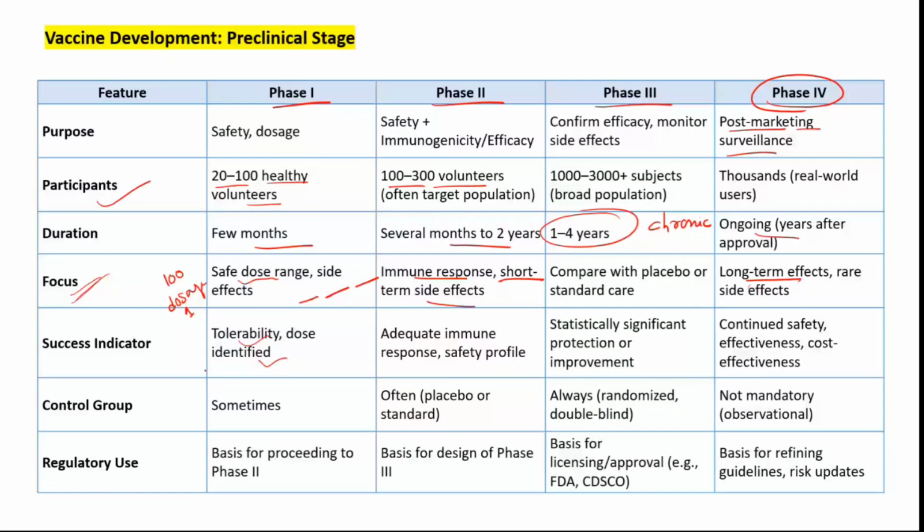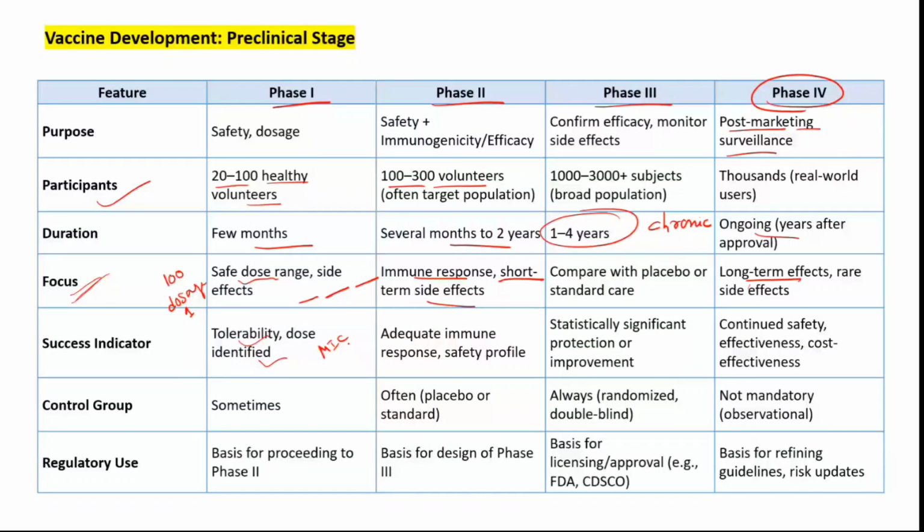So they decide the dose, that this dose can be given to the patient up to this tolerable limit of that particular healthy individual, so we can go up to this dosage. So in this you can determine the dose of the particular vaccine whatever you have synthesized.